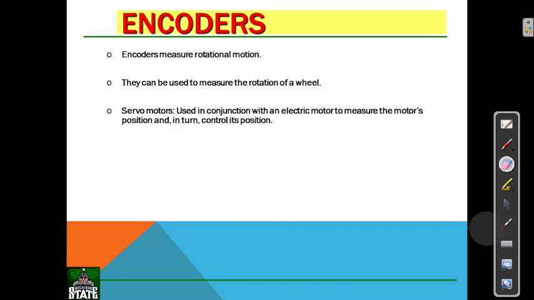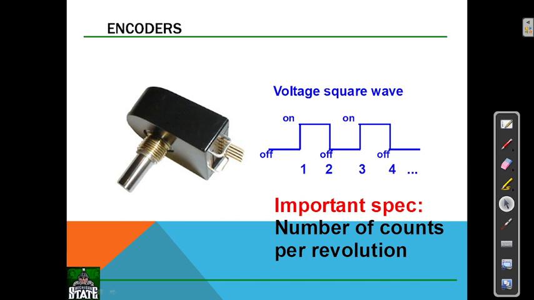Likewise, we will see from this encoder that they can be used to measure rotation as well. Servo motors use encoders in conjunction with an electric motor to measure the motor's position and in turn control its position. This is an example of encoders.